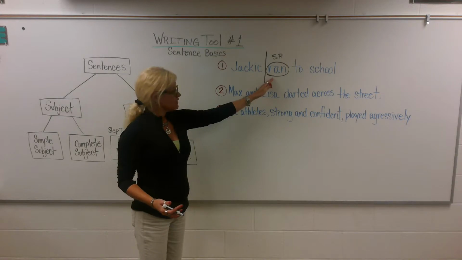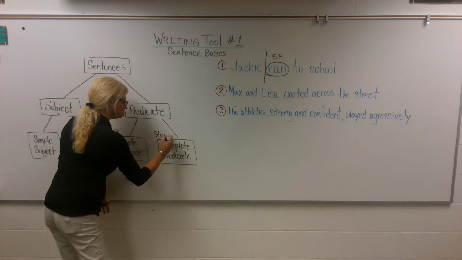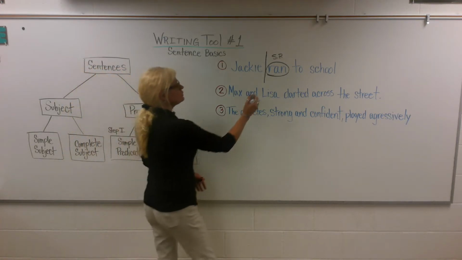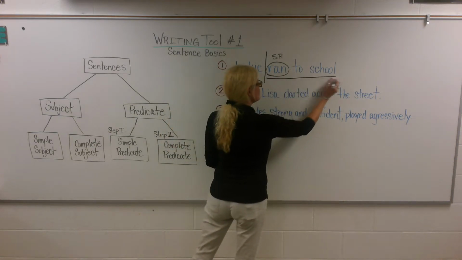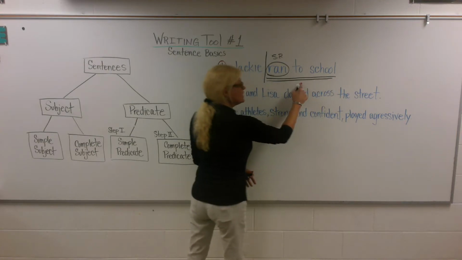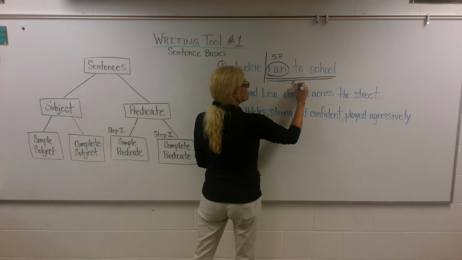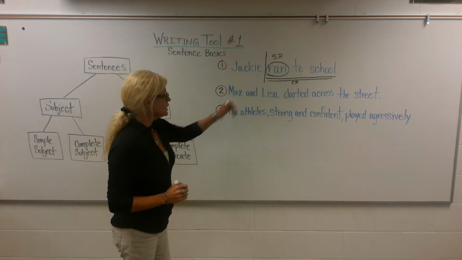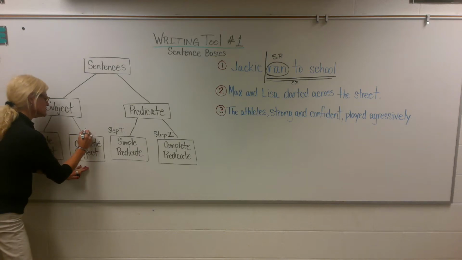Now we want to identify the complete predicate, which is step 2. Okay? So in order to identify the complete predicate, we underline the entire sentence from this vertical line all the way to the end. This is your complete predicate. Okay? So this right here then is identified as your complete predicate. Now it also tells you then what your complete subject is. So this is step 3.